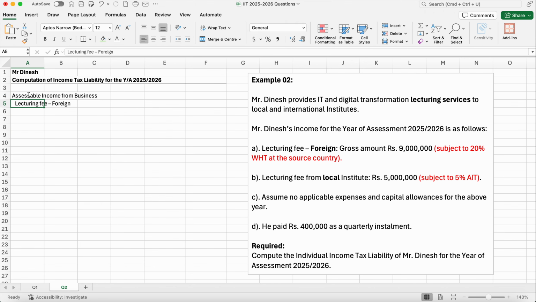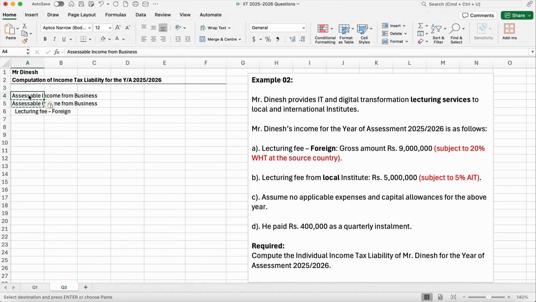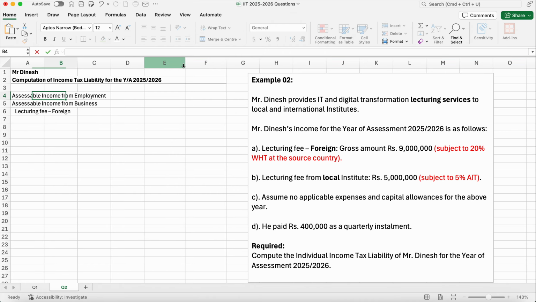If you want, you can have the assessable income from employment, but here you can put it as 0 because in the question we can't see any employment income. Then we are going to calculate the business.